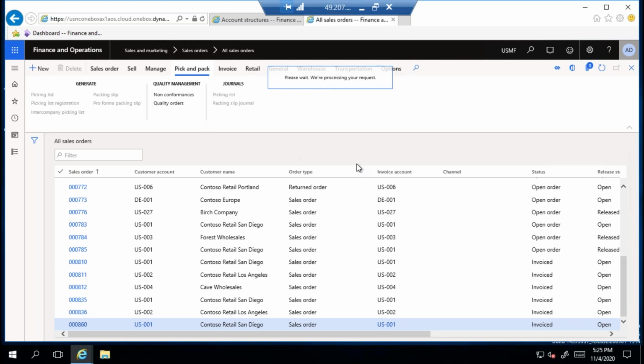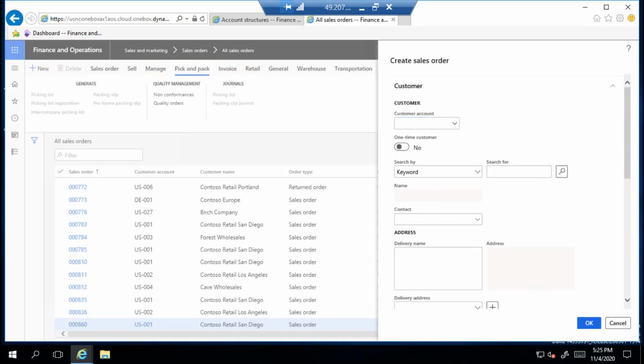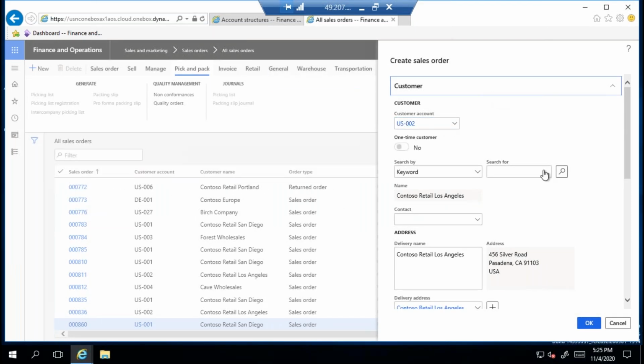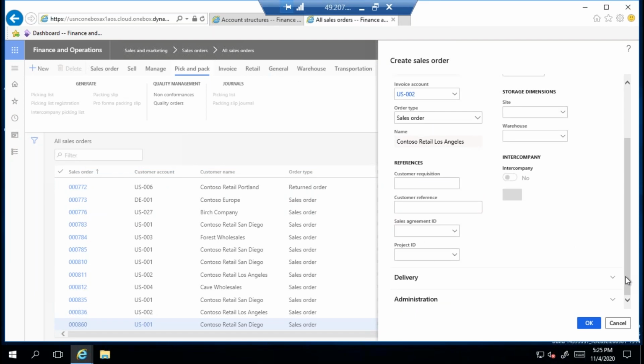Select the customer. While doing this, don't select customer DE001, because that is intercompany. Intercompany you don't know, you will get confused. So you can select any other customer other than DE001. And site and warehouse you can select here, or you can select in the line details also.